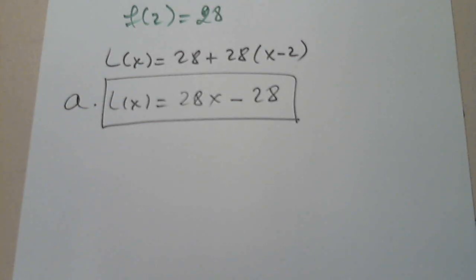Then it says, use a linearization to approximate 7 times 2.1 squared, and then find 7 times 2.1 squared using a calculator, and what is the difference? Okay.